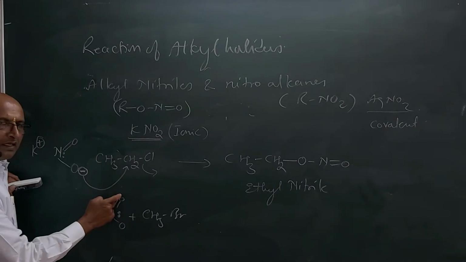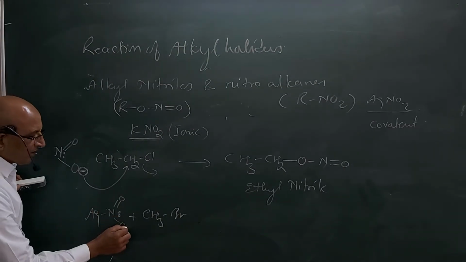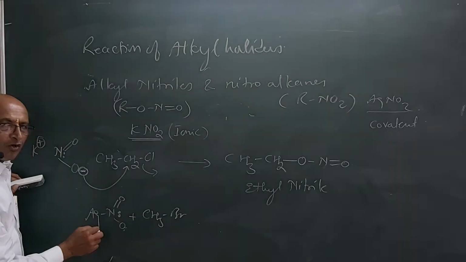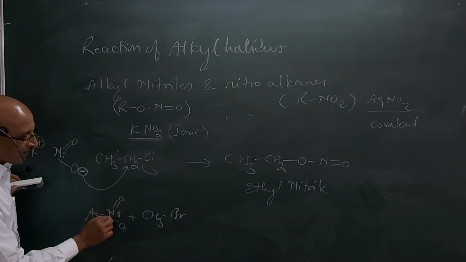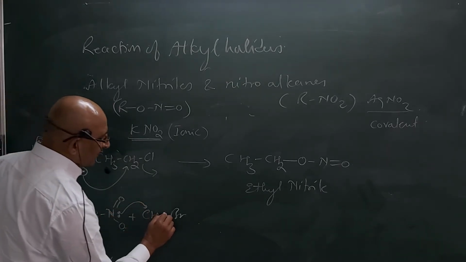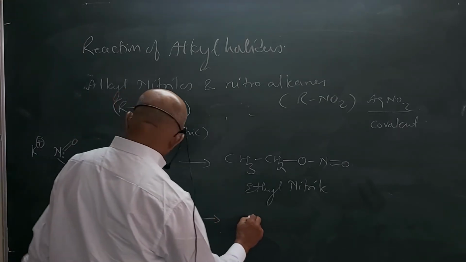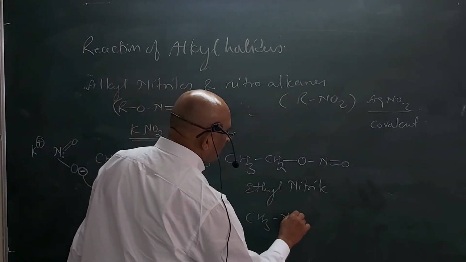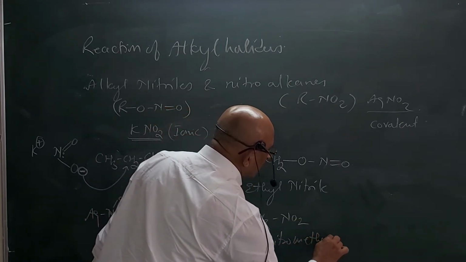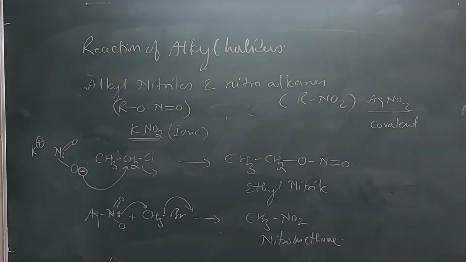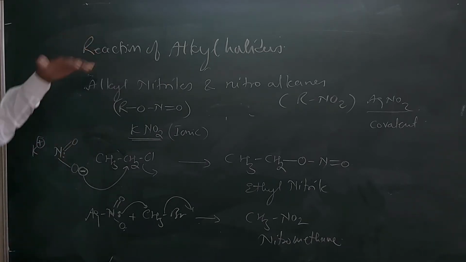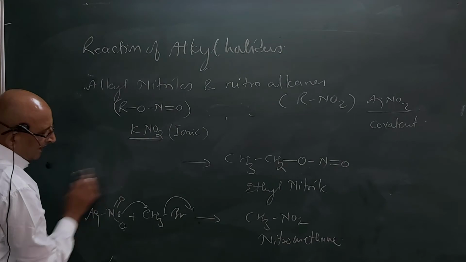Oxygen is more electronegative, so its tendency to attract the electron pair is stronger, and it does not donate the electron pair easily. But nitrogen is less electronegative, so it donates the electron pair more easily to this carbon, and bromine is given out, and here you get the formation of nitromethane. In this way we are able to prepare alkyl nitrites and nitroalkanes from the alkyl halides. So this was your second reaction.